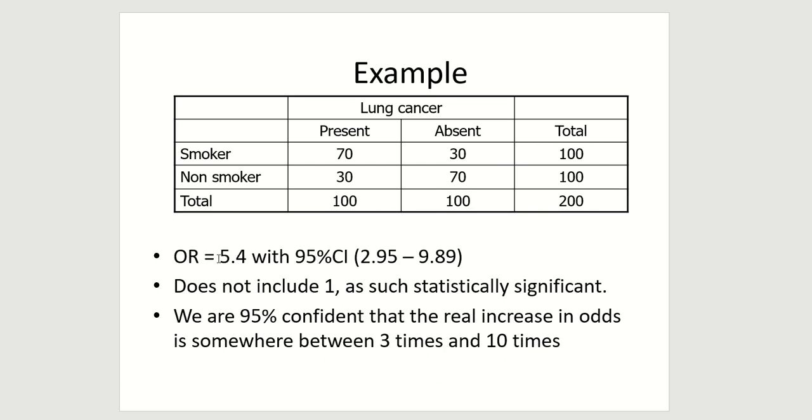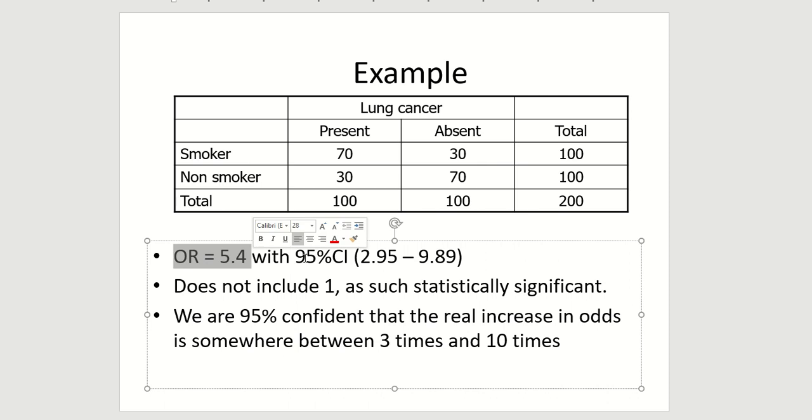Continuing with our example, the odds ratio came out to be 5.4. The 95% confidence interval is from 2.95 to 8.89. Again, if I want to interpret whether it is statistically significant, do I look at whether the confidence interval crosses 1 or crosses 0? Ask yourself, an odds ratio, is it a ratio or is it a difference? By the name, it is a ratio. And therefore, a value of 1 is indicative of no association. The null hypothesis says the odds ratio in the population is equal to 1.